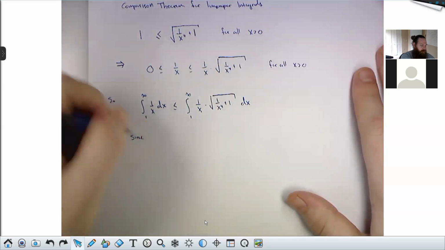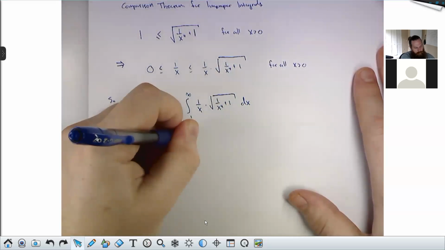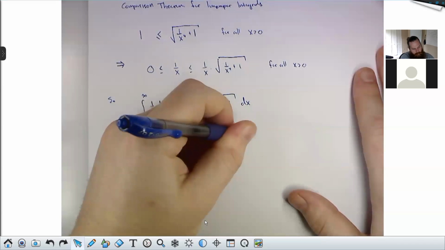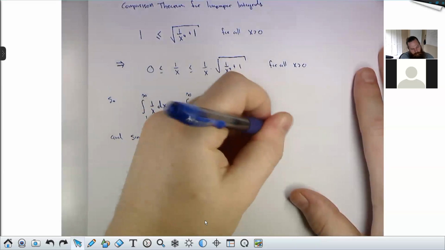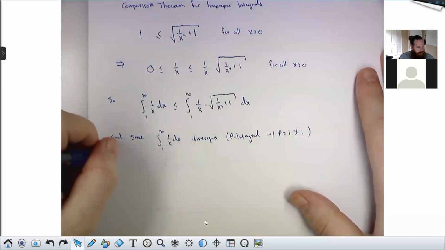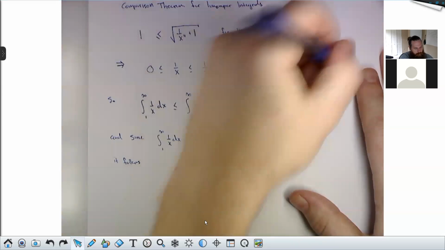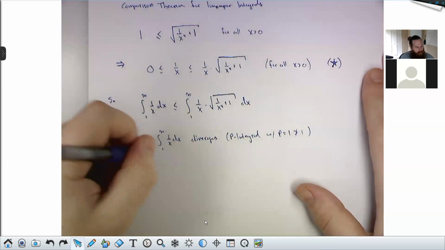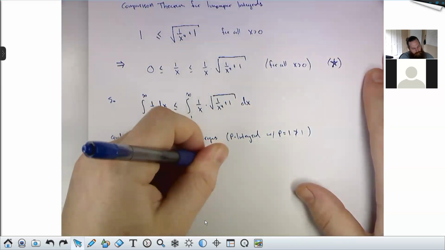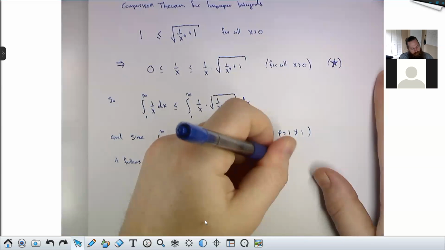And since the smaller integral diverges, it's a p integral with p equal to 1, which is not bigger than 1, it follows from this inequality, we'll call it star, and the comparison theorem, right?